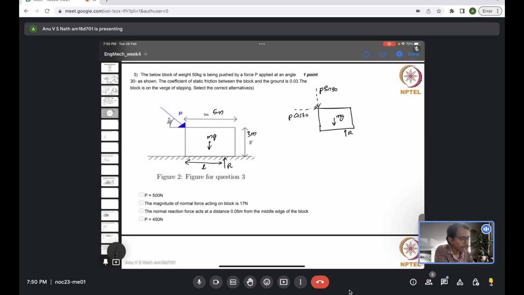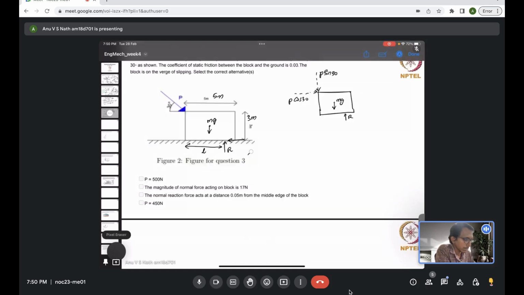Now one more force is there, that is the friction force, which should act parallel to the surface. So that force is here. Yes, somebody raised a hand. Any question?